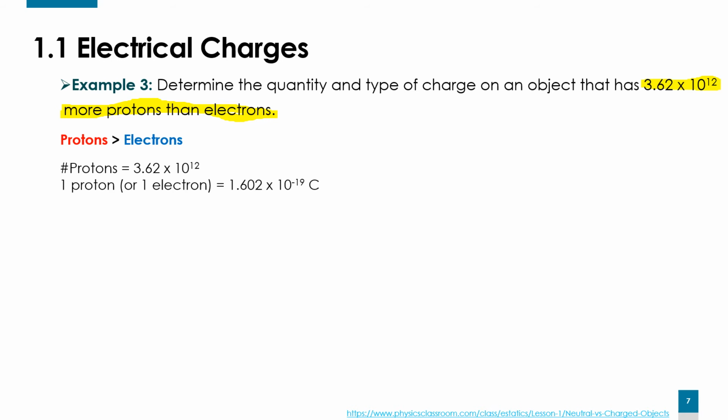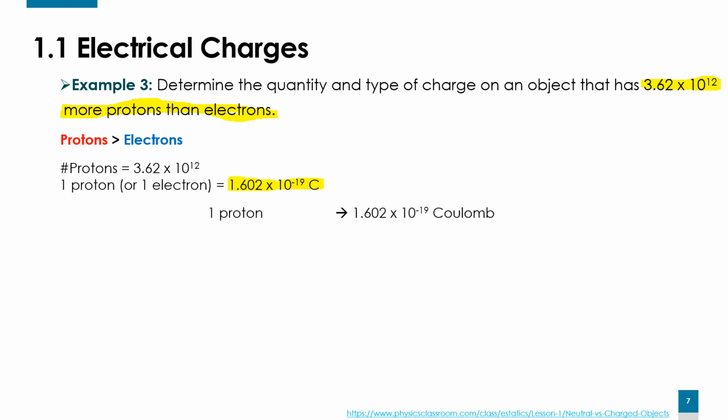And from before, the charge of one proton or one electron is 1.602 times 10 to the power minus 19 coulomb. This is from the previous presentation. The charge of one proton or one electron is always this charge. And here I have 3.62 times 10 to the power 12 protons. How do I calculate the total charge?